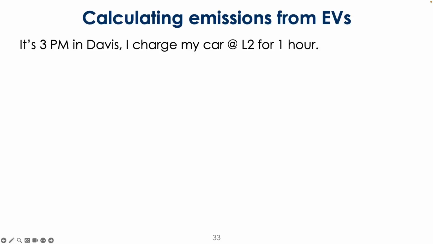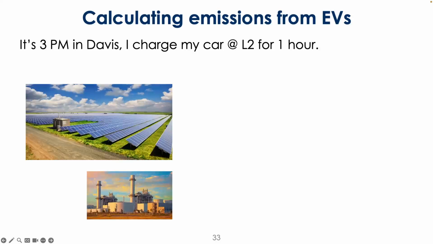Okay, so let's do a little example where I calculate emissions from my vehicle. So this is like a hypothetical example. It's 3 p.m. in Davis, and I'm charging my car at level 2 for an hour. And let's suppose that the primary sources of energy in this area at this time are solar power production and a natural gas plant.